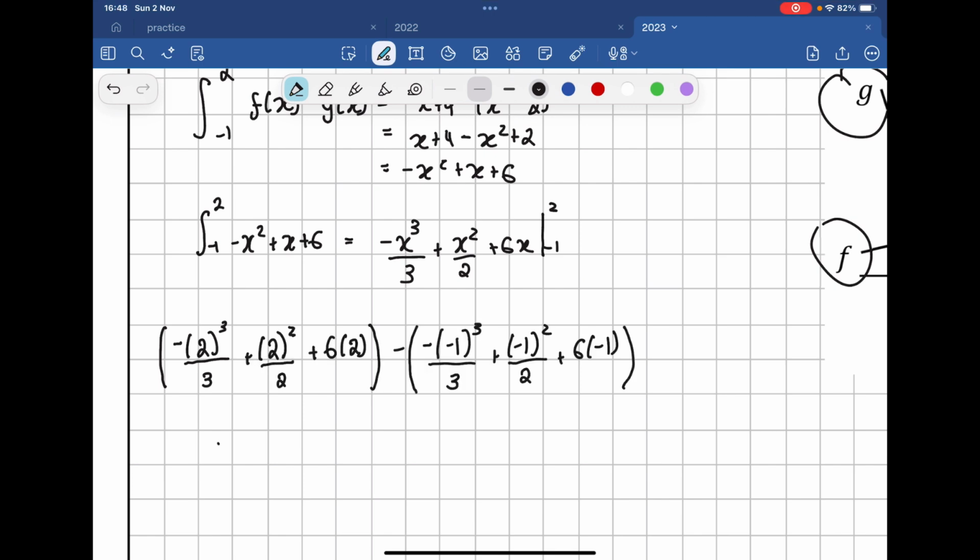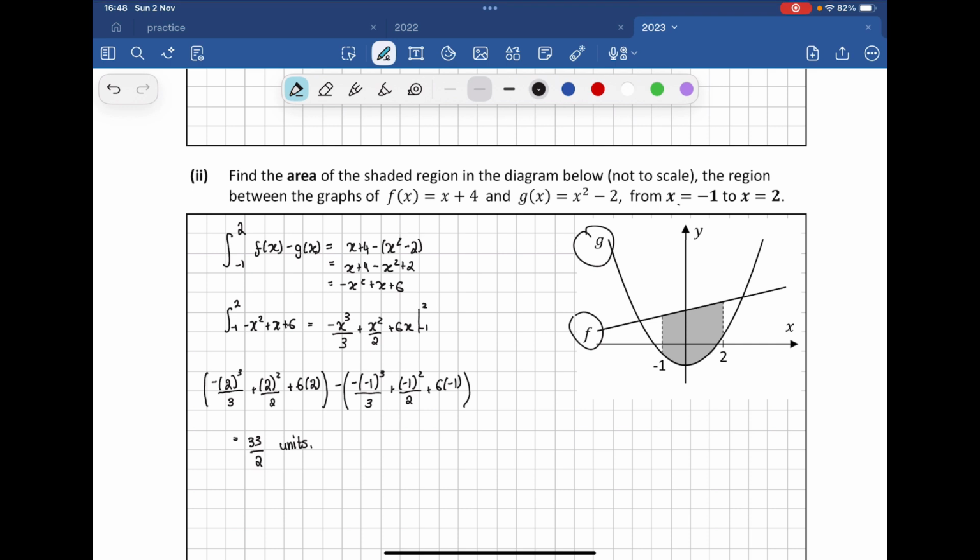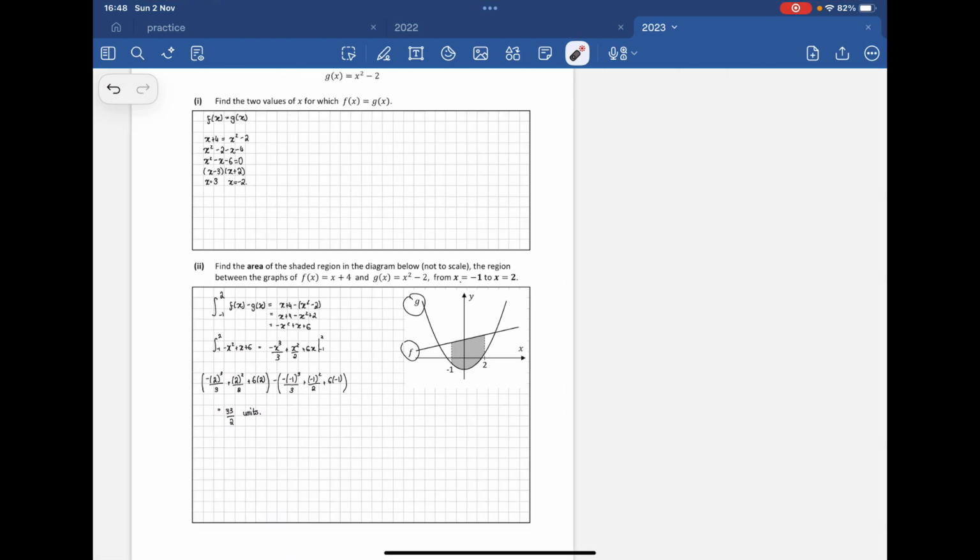If we sub this all into a calculator, we get 33 over 2 units. And that is the area shaded here. It's 33 over 2 units. That's how you compute the integral.